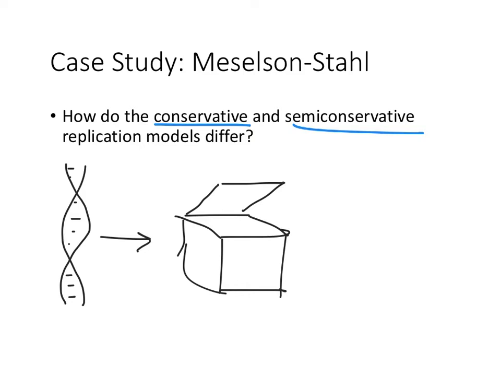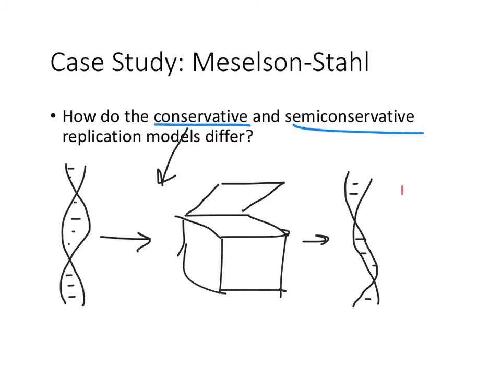The only information Meselson and Stahl really had to figure out how DNA might get copied was that DNA was a double helix. Watson and Crick and Rosalind Franklin had figured that out before then. But the conservative model was that you'd stick a single double helix into some sort of an enzyme, and what you'd get out was the original double helix, which I'm color coding in black, and a new one.